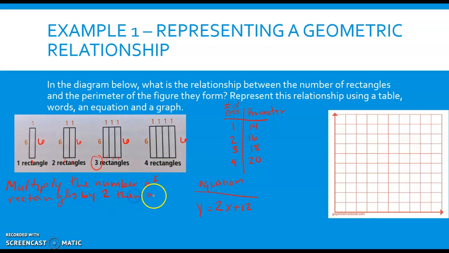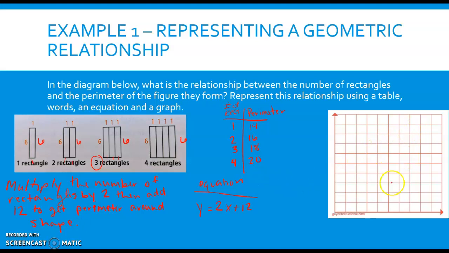Then add 12 to get perimeter around shape. And so that's our words.